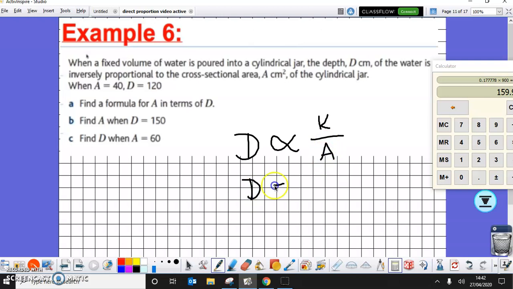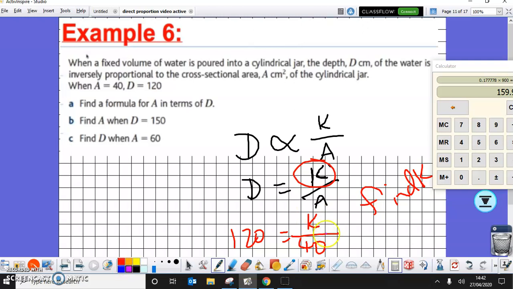Okay, D equals K over A. So find a formula. Remember, we're looking to find the K value. Whether it's inverse or directly proportionate, we want to find K. So when A is 40, D equals 120. Okay, so what is the value of K?